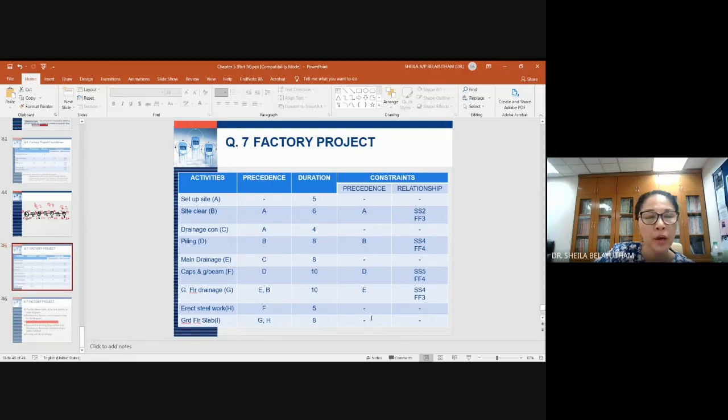I'm not sure how the test will be, but make sure you know how the calculation goes for the precedence diagram: the total float, how you calculate the free float, what the critical activities are, and so on, given different relationships. Go through this example, do the entire calculation until free float for each activity, and then we'll discuss in the next class. So far any question?